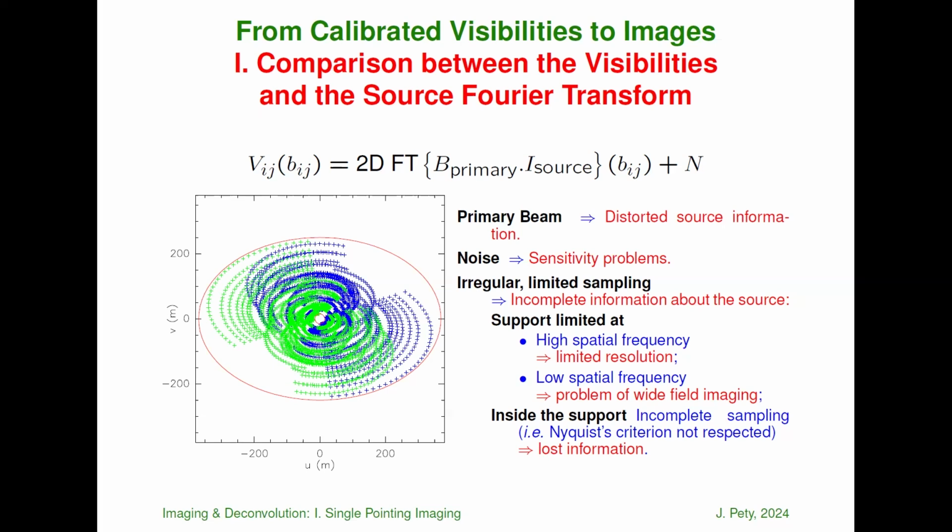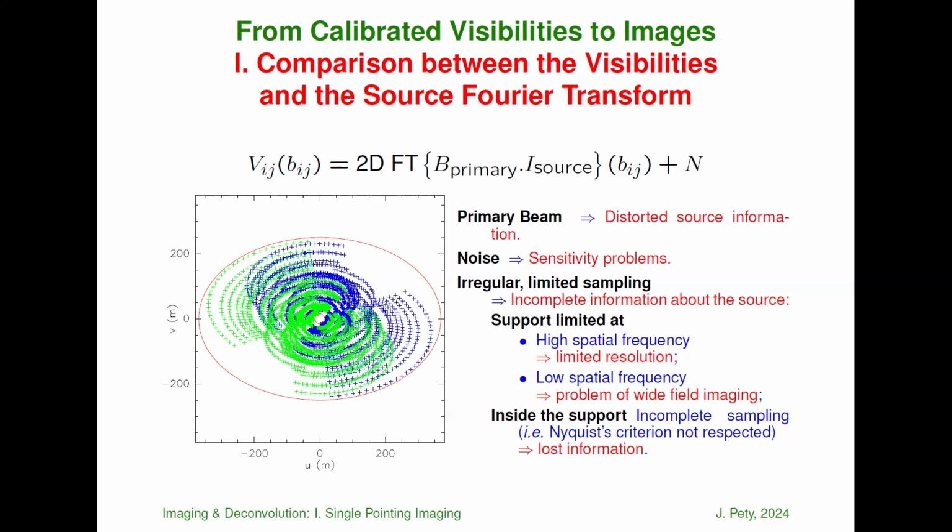Another thing that is less obvious is that you have a red inner circle here, and inside this circle you have no measurement at all. So, no low spatial frequency measurements. We will see that this makes some problems when we are doing wide field imaging. And now, if we look in between the two ellipses, we see that we don't have full sampling of the UV plane.